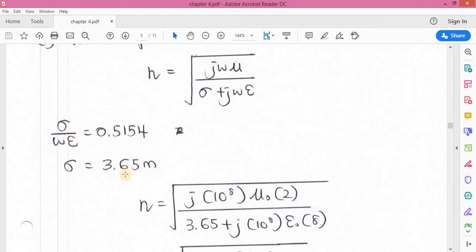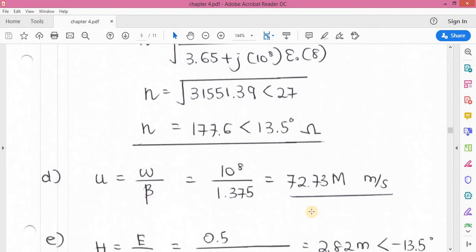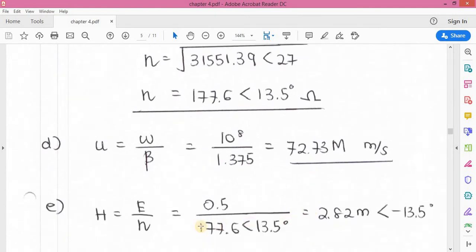So I get 3.65 for my sigma, and this thing I put here. This is omega. All things I plug in, and I get my intrinsic impedance equals to 177.6, and the angle is 13.5.